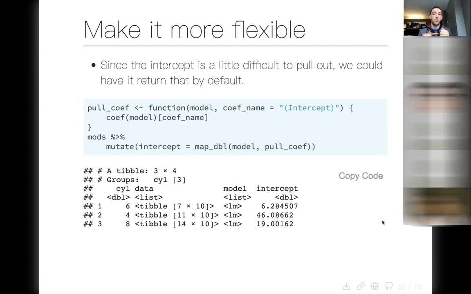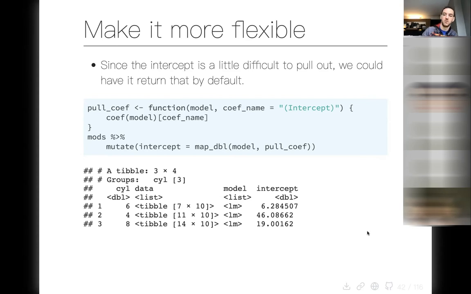Now I can. Now I just have to use model. So model is a required argument and coef name is an optional argument. However, if I want to pull any other coefficient, I could still pass a different argument to coef name and it would pull that one instead of the default.